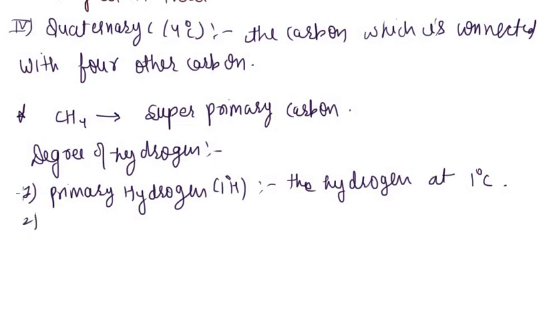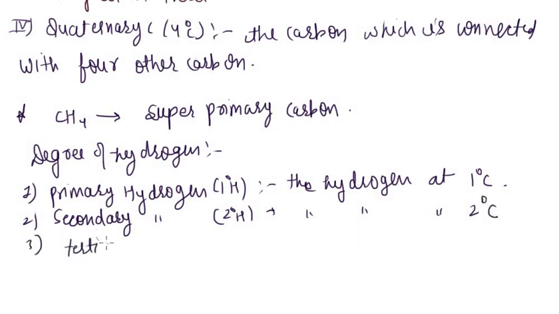Now next is secondary hydrogen, or we can say 2 degree H. The hydrogen at 2 degree carbon. Now we have tertiary hydrogen, 3 degree hydrogen. The hydrogen at 3 degree carbon.